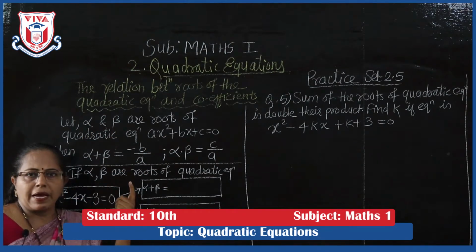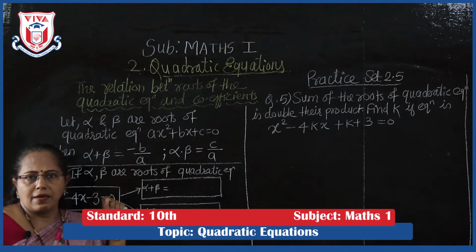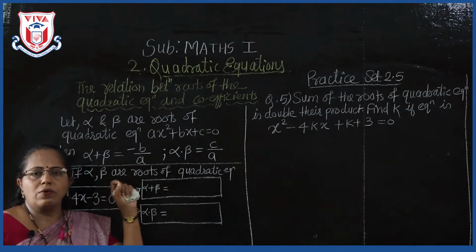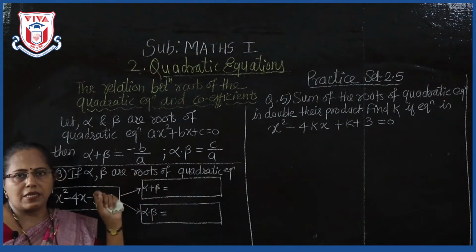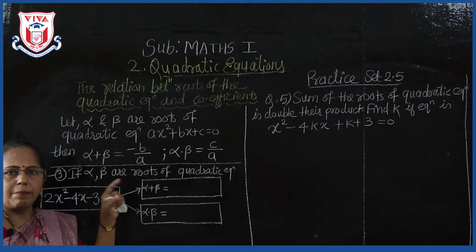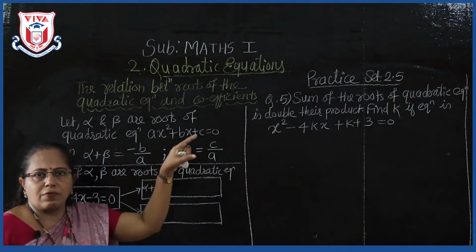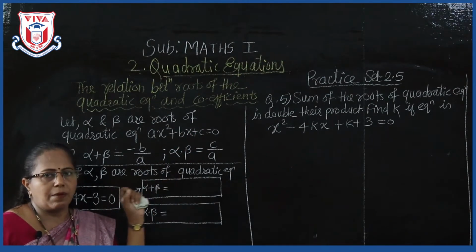As we know, by using the formula method, we know the value of alpha and beta. Alpha is minus b plus square root b square minus 4ac upon 2a, and beta is minus b minus square root b square minus 4ac upon 2a.